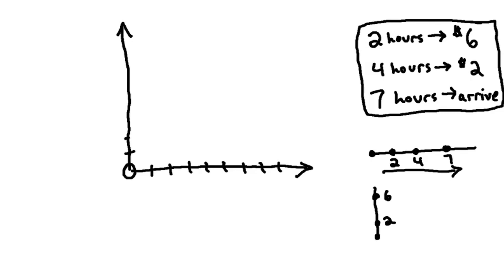So 1, 2, 3, 4, 5, 6, 7, 8. So we're going to have our time down here in hours, and we're going to have the money we spent going this way, up.